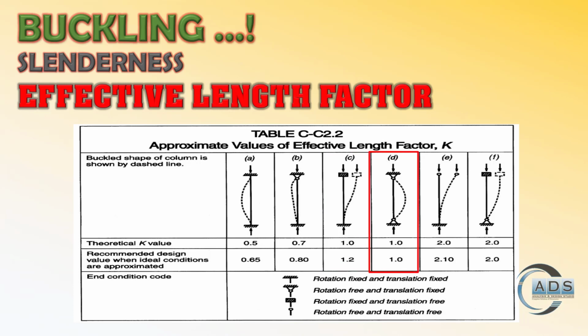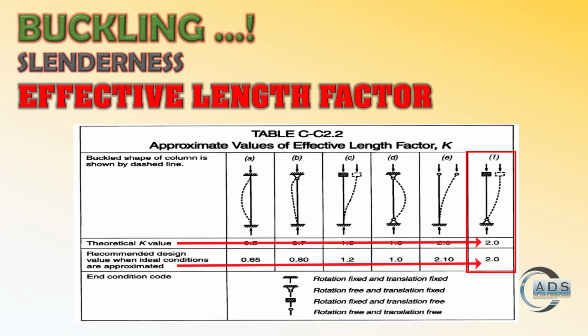Case D, K is also 1 for theoretical purposes, and for design purposes it can be used as 1 as well. For case E, the theoretical value of K is 2, and for practical design it is 2.1. For case F, theoretical and practical both, we can use K as value 2.